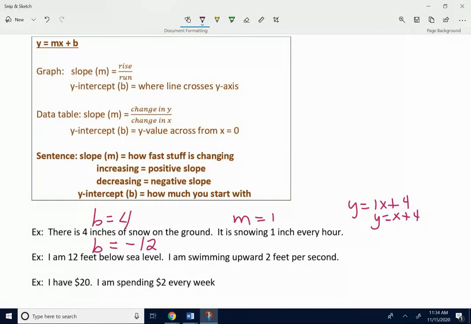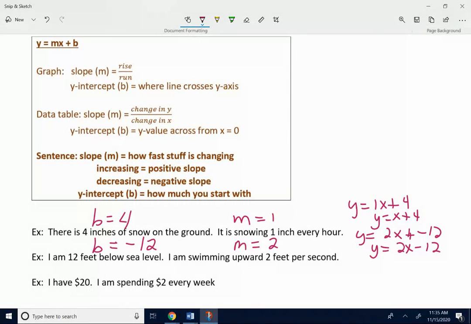And then you're swimming upward 2 feet per second. That would be your slope m, the change. It's changing 2 feet every second. So your equation would be y equals 2x plus negative 12. Simplified a little bit, plus a negative 12 could be simplified to minus 12.